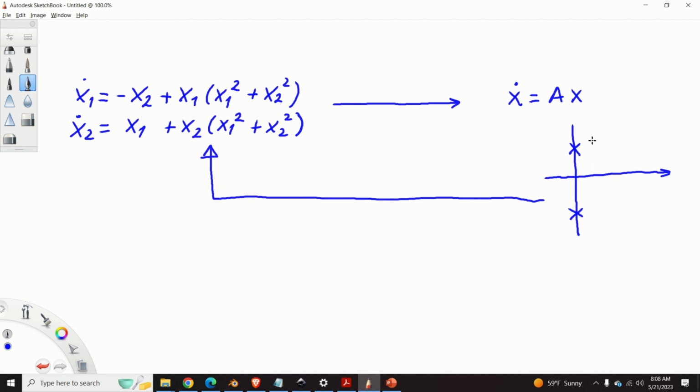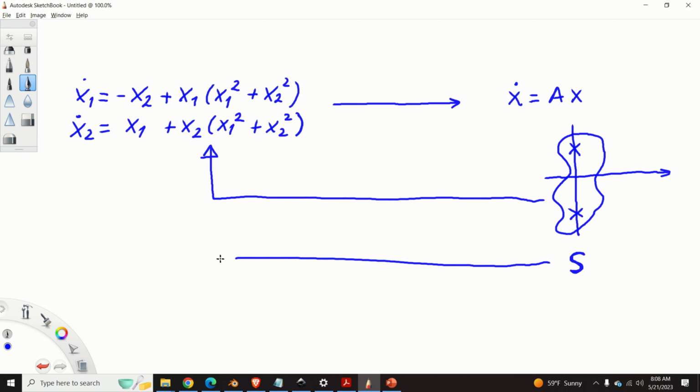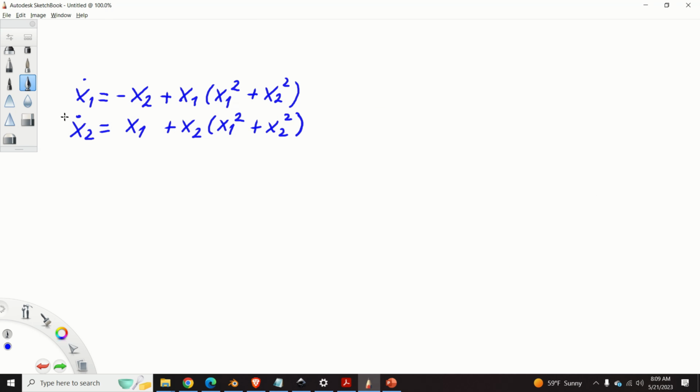We cannot conclude anything about the stability of the equilibrium point of the nonlinear system by analyzing the stability of the linearized system. In this particular case, the linearized system is stable. However, you will see later on that the nonlinear system is unstable. Let's start with the analysis.